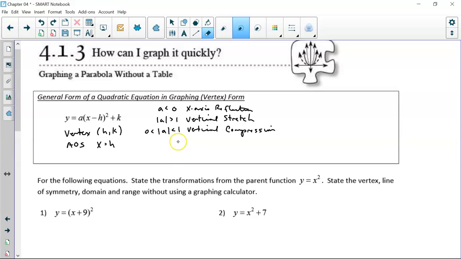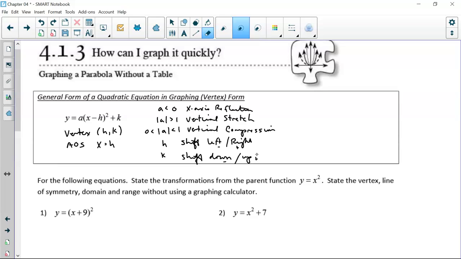And our values for h: h is our shift left if it's negative, right if it's positive. And k is our shift down if it's negative and up if it's positive.